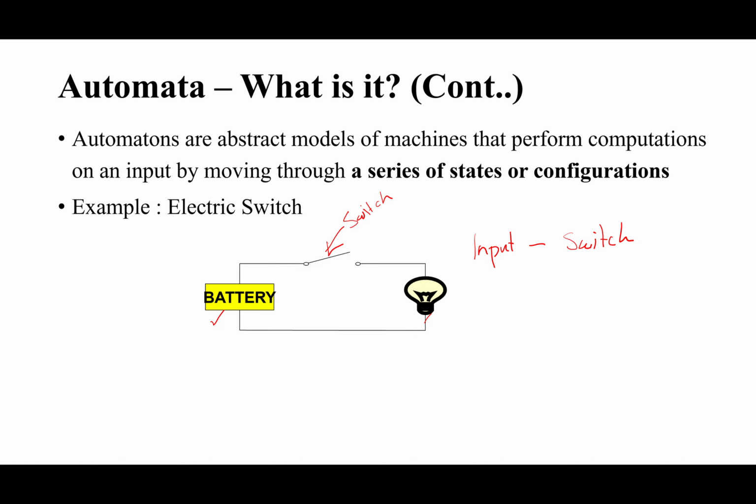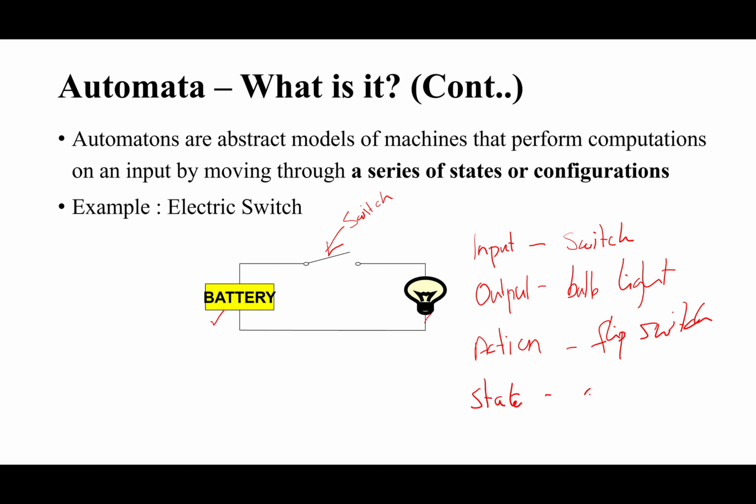Then what will be the output here? The output is the bulb. If it is on, it will light the bulb. Then what action are we doing here? The action is flipping the switch. And what is the state?